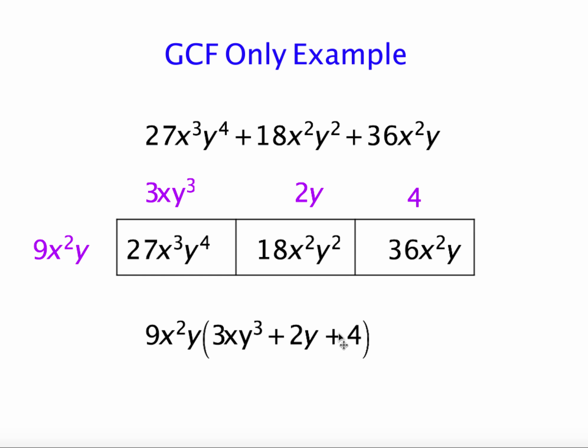The reason I like this method is it gives me my check right here. I have already multiplied out, done the distributive property of the GCF times the remaining polynomial, and I can see that I'm correct.